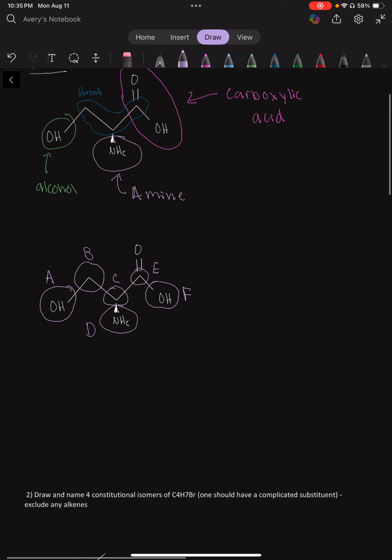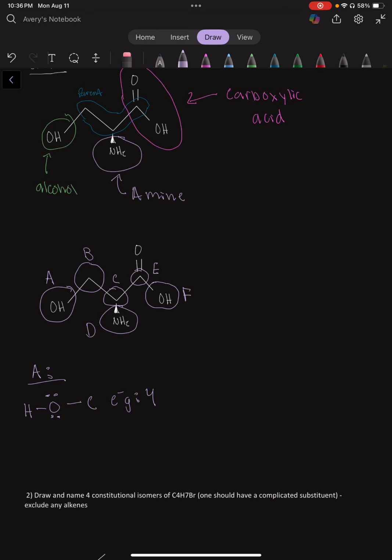So now let's start with A. For A, we have an oxygen bonded with a hydrogen and to a carbon. That oxygen has two lone pair electrons. So the electron group is going to be 4 because we have two bonded atoms and two lone pairs.